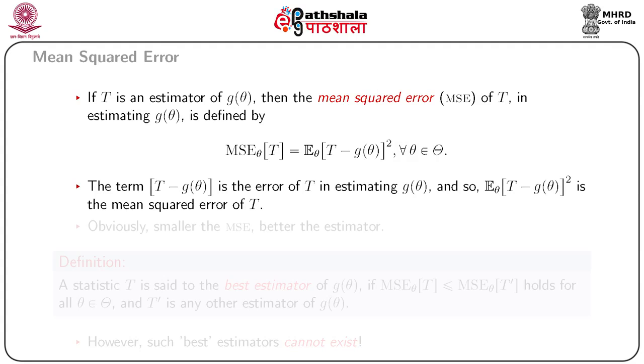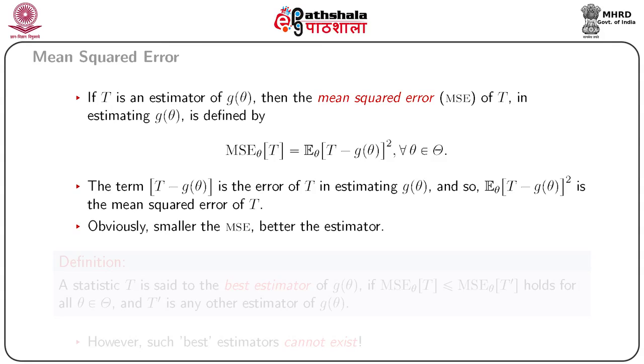The term t minus g theta is called the error of t in estimating g theta, and thus expectation under theta t minus g theta whole square is called the mean squared error of t. It measures the average squared difference between the estimator t and the parameter g.